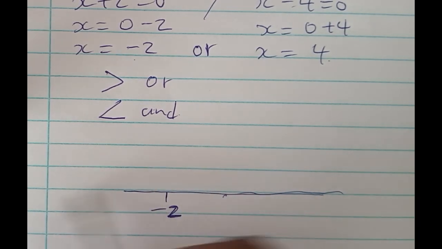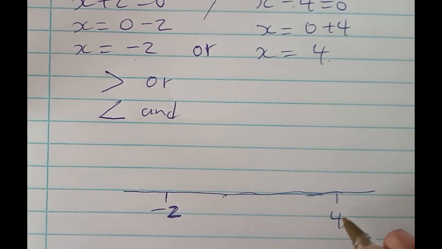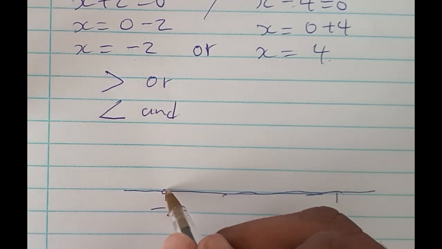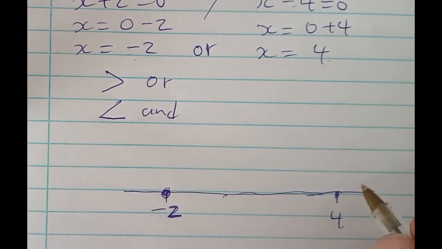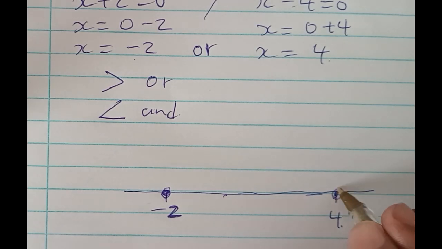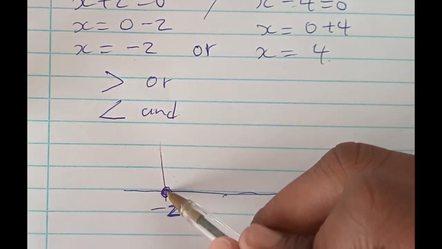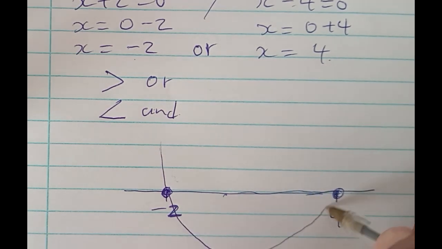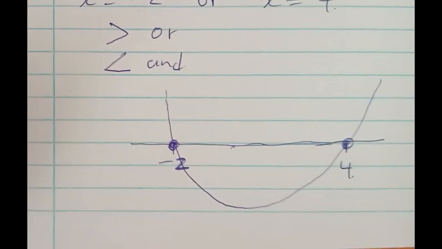Positive 4 can't be there, so it will be somewhere here. So when I draw it, you should draw it like this.